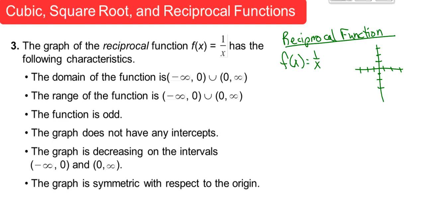And so when I plot some points here, if x is 1, y is 1, so it's going to be right there. If x is 3, y is 1/3, so it's really close there already. If x is 1/3, y would be 3. If x is -1, y is -1. Same thing, if x is -3, y is -1/3.